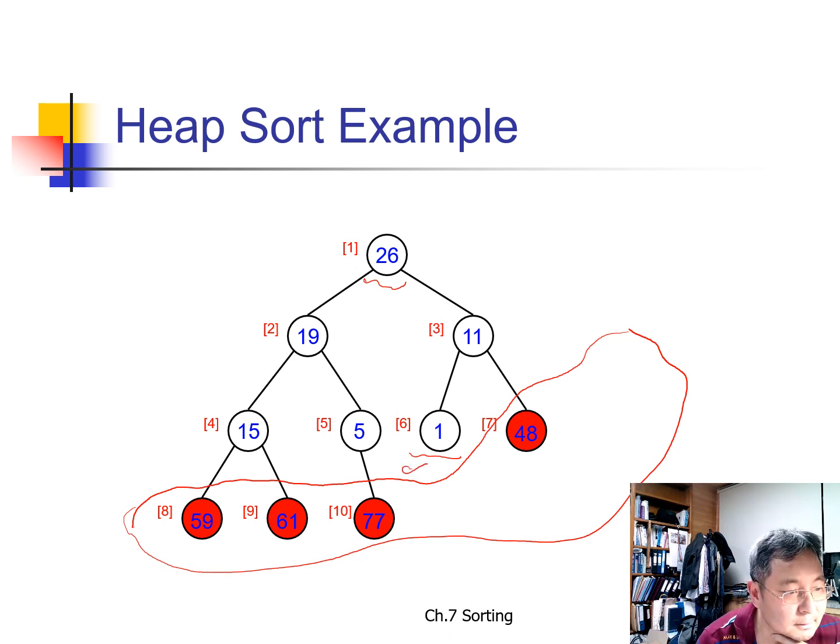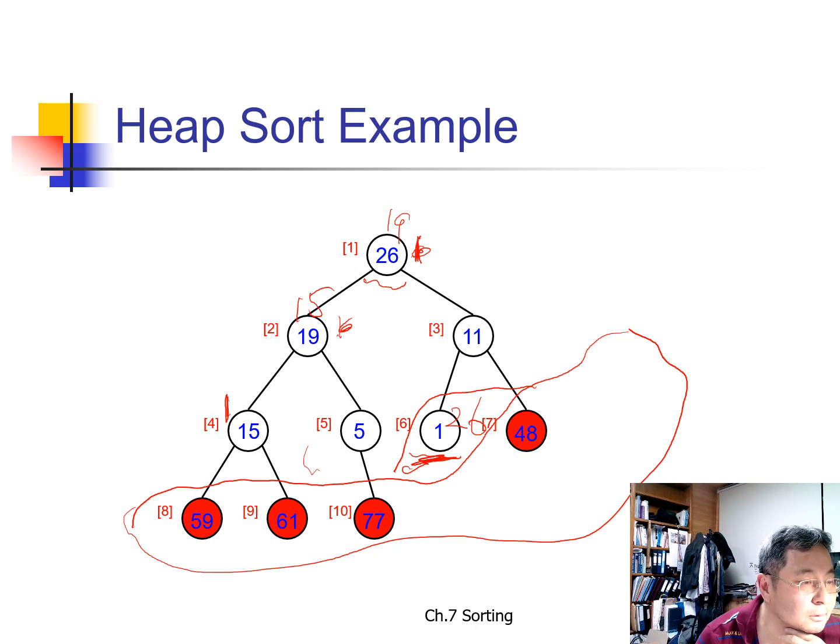The last element is 1, so we exchange 1 and 26 and heapify this 1. So 1 goes here and 19 is here, and 1 goes here and 15 is here. That's the result of this current step. And we will continue with the root node here. So that's the result of a heap sort.